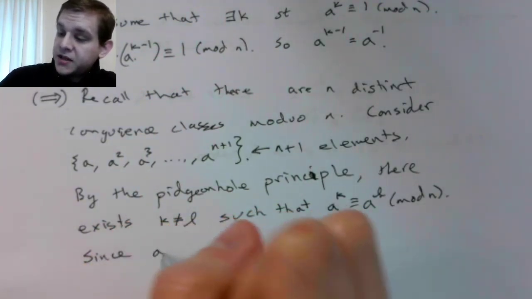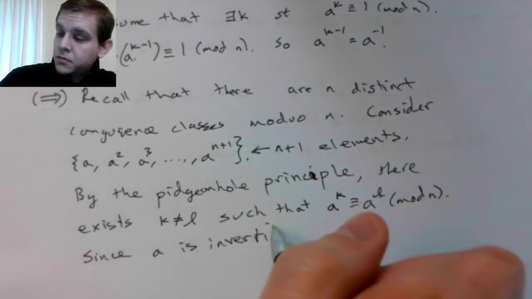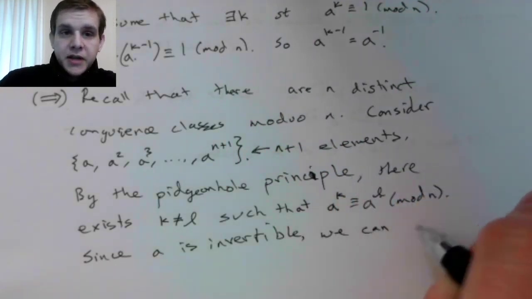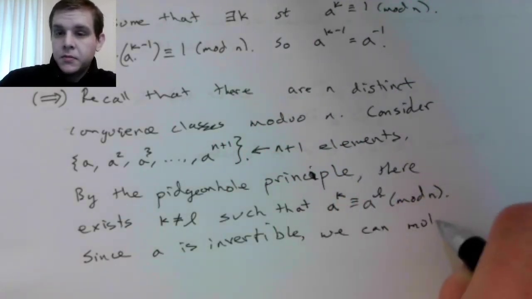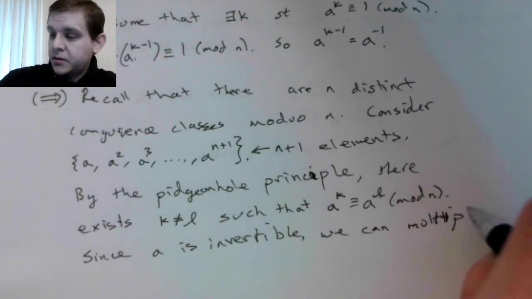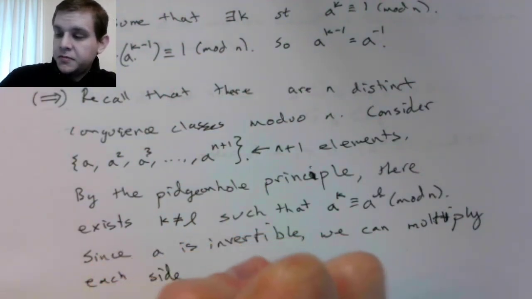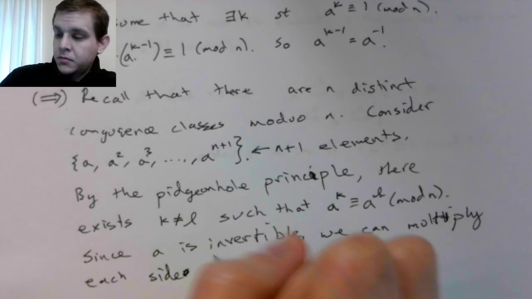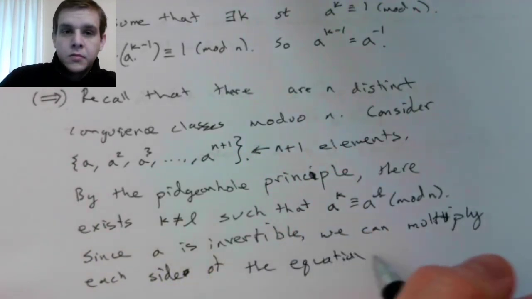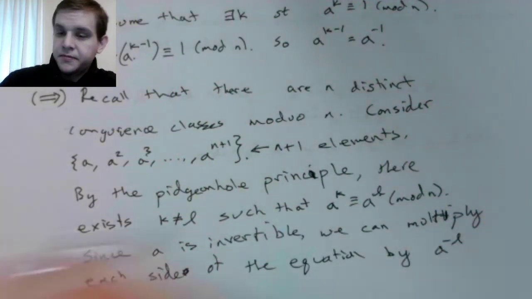So since a is invertible, we can multiply each side of the equation by a to the minus l.